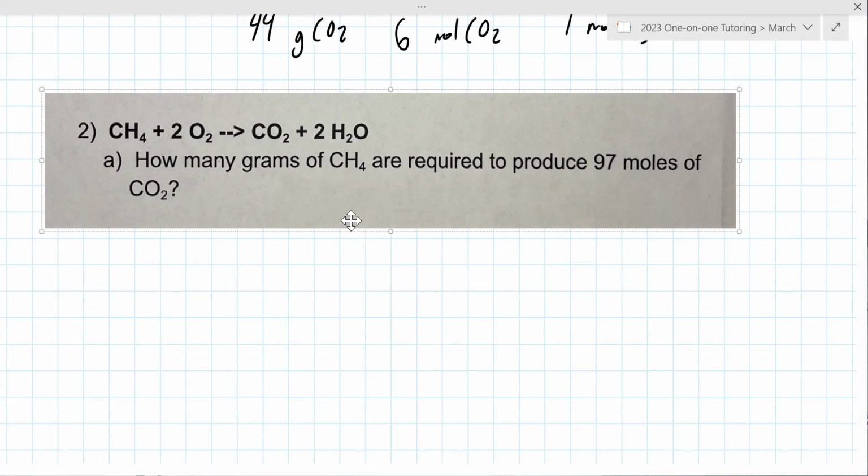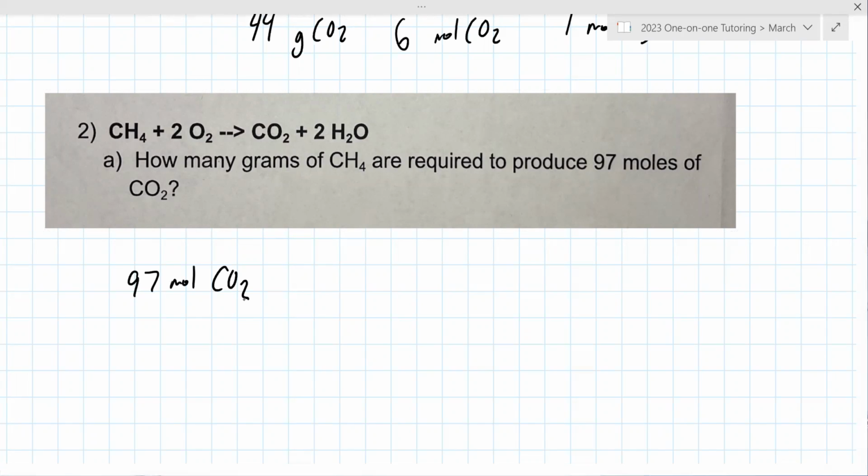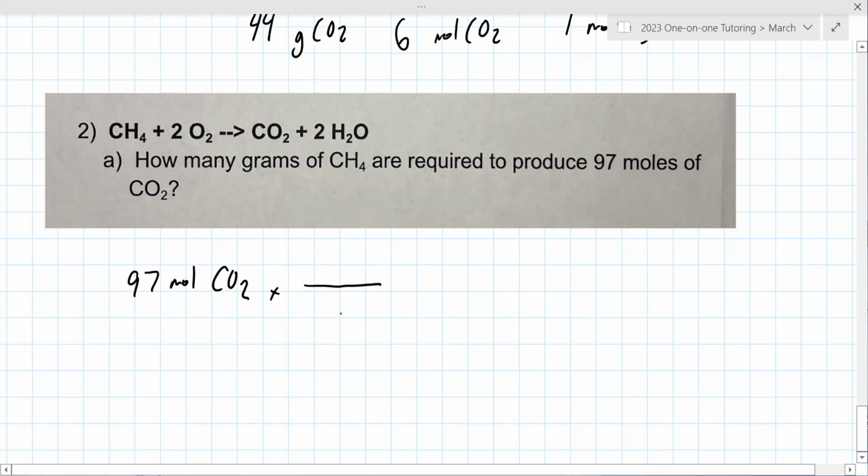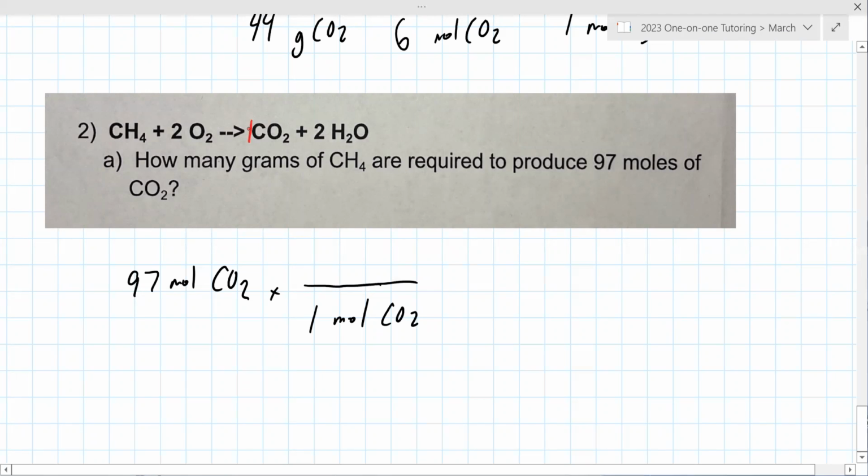So 97 mole CO2 times 1 mole CO2 under. So these are the coefficients, 1 mole because you're already in moles. CH4.